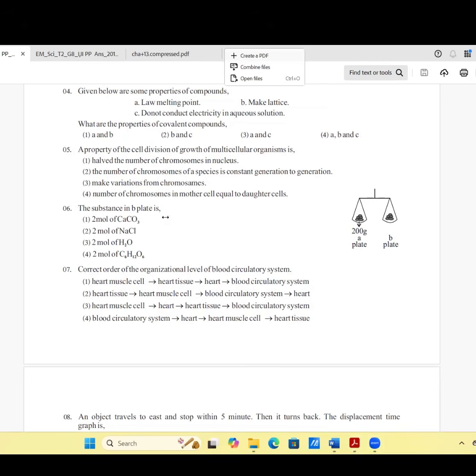To find the mass, we want the molar mass of calcium carbonate. For calcium, the value is 40, plus 12, plus there are 3 oxygens, so 16 should be multiplied by 3.